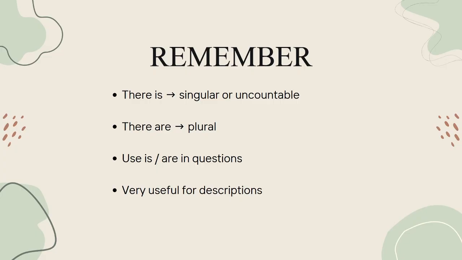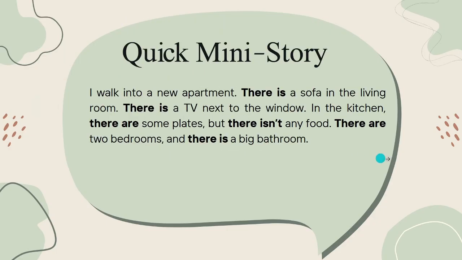For example, in the mini story, we had a description of our apartment. We noticed that we have a sofa. There is a TV. In the kitchen, there are some plates, but there isn't any food. So we are describing our new apartment.